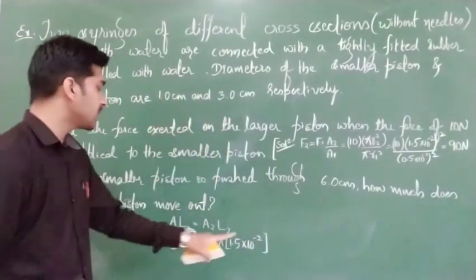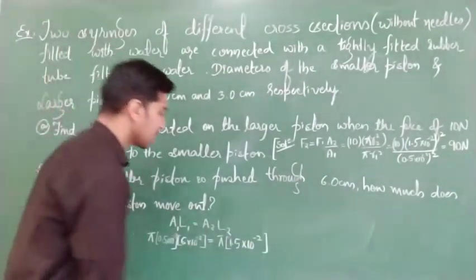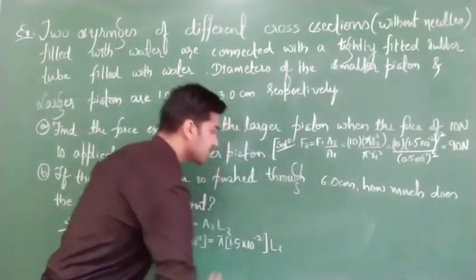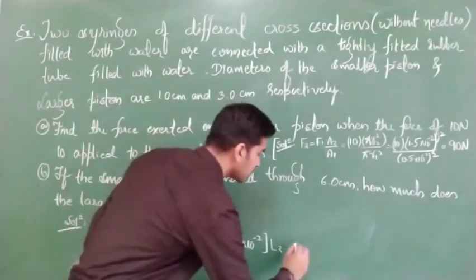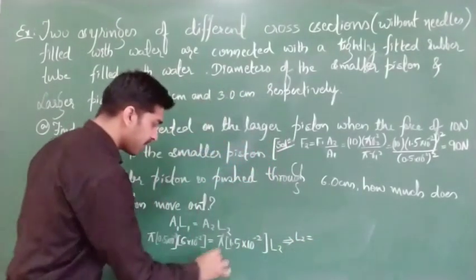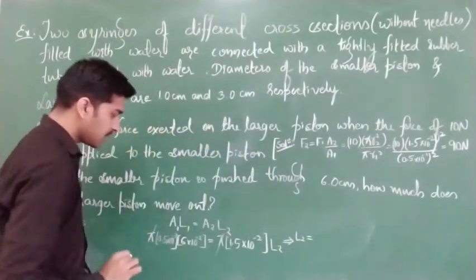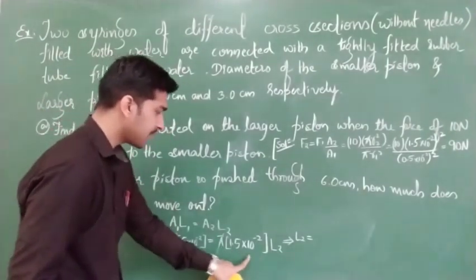Okay, next L2 they are asking, that means how much does the larger piston will move out? Okay, L2 they are asking. So just by simple calculation you can calculate it. So how we can calculate from this? L2 will become what? First of all, pi will get cancelled. Okay, so L2 value will be this value divided by this value.